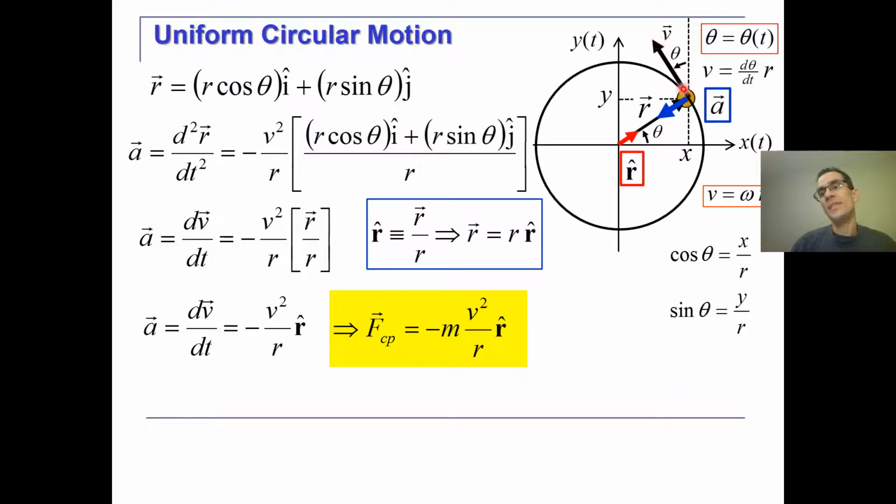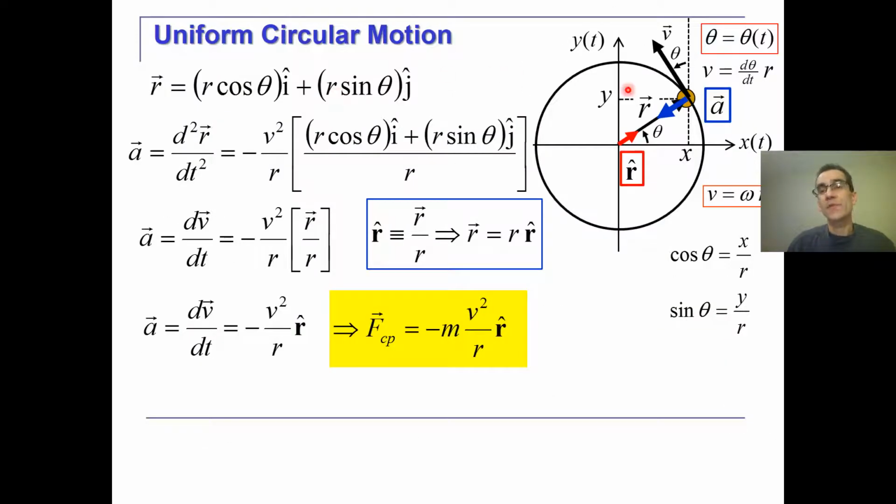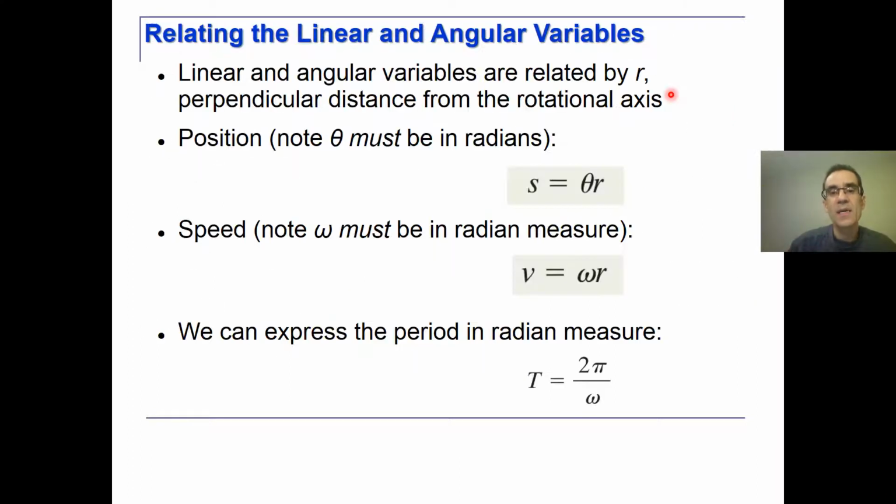Your speed is fixed. There is no tangential acceleration, only radial acceleration, which is the centripetal. But if you step on the gas pedal while you're doing the curve, you're going to see the speedometer go up. That means there is a tangential acceleration. Your velocity is increasing. So in addition to the centripetal, there could be a tangential acceleration. Okay? So these are important ideas as we move into rotation.